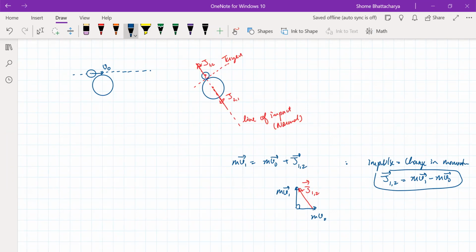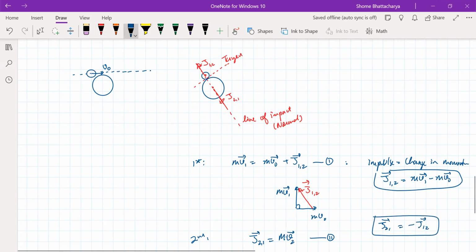Whereas for the second one, the impulse itself is equal to the final momentum because the initial momentum was 0. That is why we have that sort of direction. If you just add these two equations, you get the momentum conservation equation. That's unnecessary, but this is just to explain the relationship between impulse and momentum.